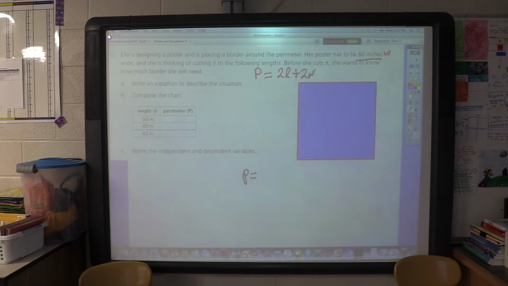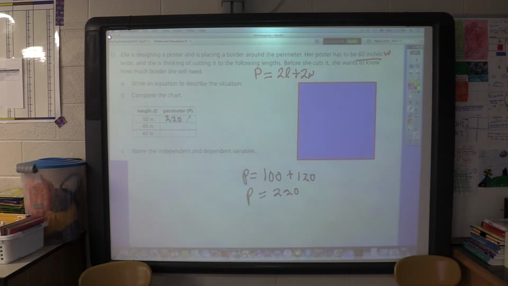Now, if our length is 50, well 2 times 50 is 100 inches, and 2W, the width is 60, so 2 times 60 is going to give us 120 inches. Then perimeter equals 220. Is that right, boys and girls? You agree with that? Okay, then I'm going to go ahead and put 220.